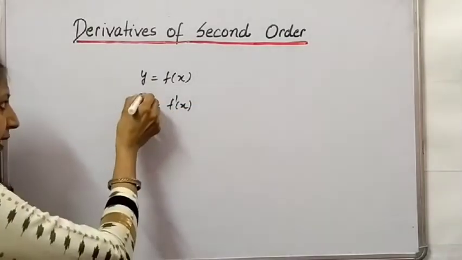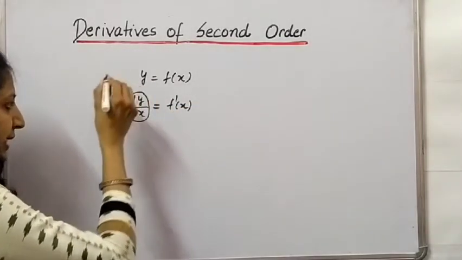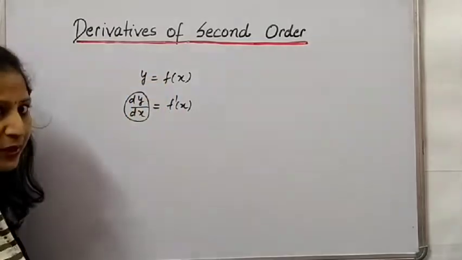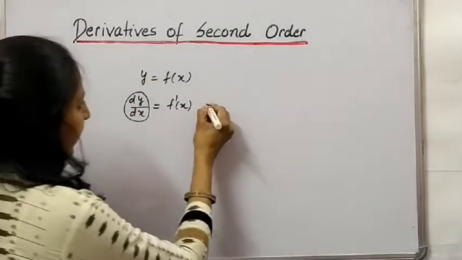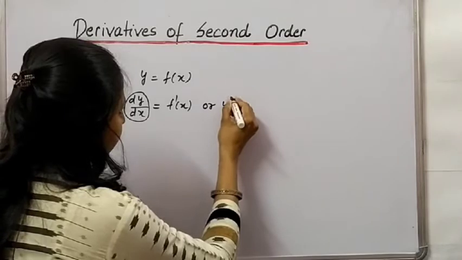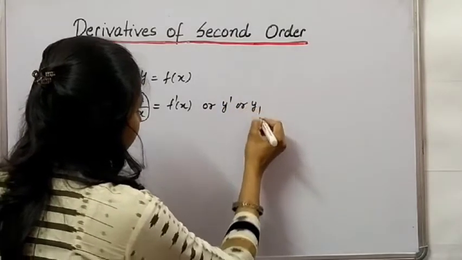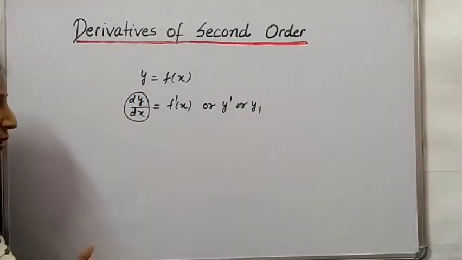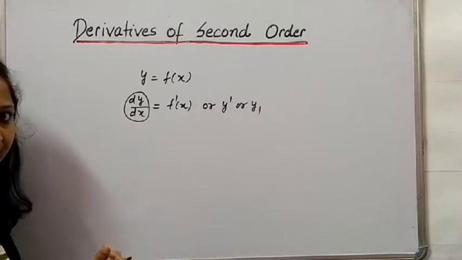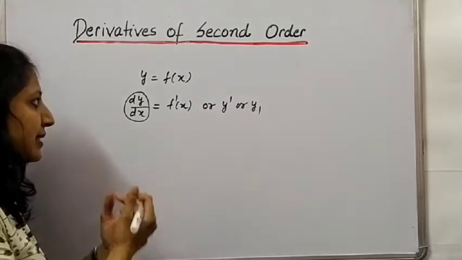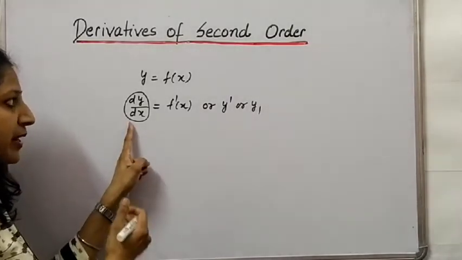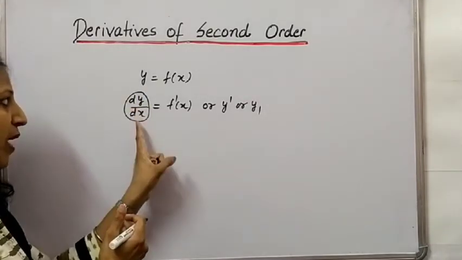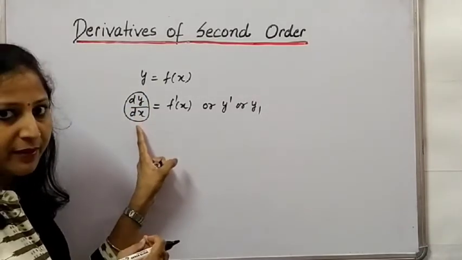So this dy by dx is the first order derivative of y with respect to x, right? Or we can use notations, that is y dash or y1, right? So if we differentiate y both sides with respect to x, this derivative of y with respect to x is known as derivative of y of order 1, right?